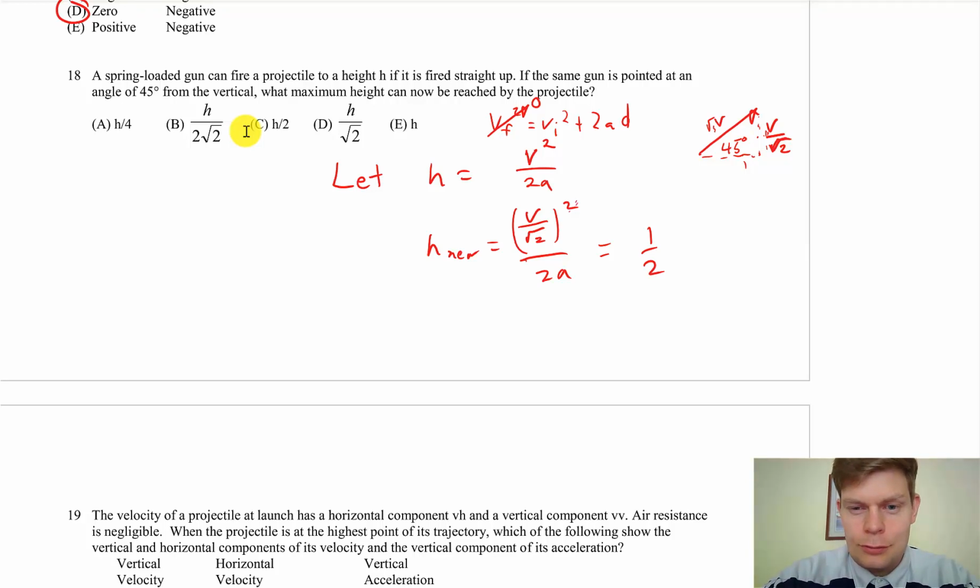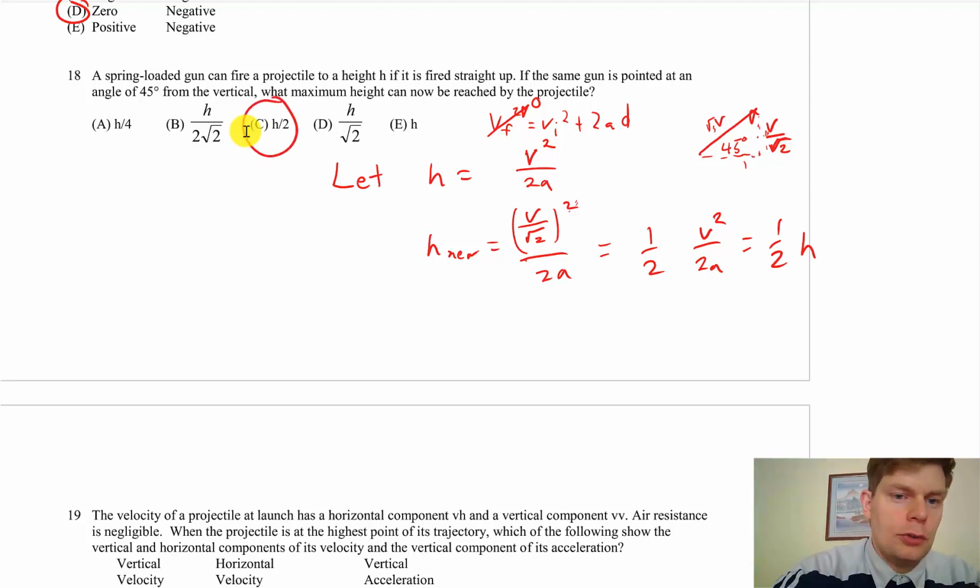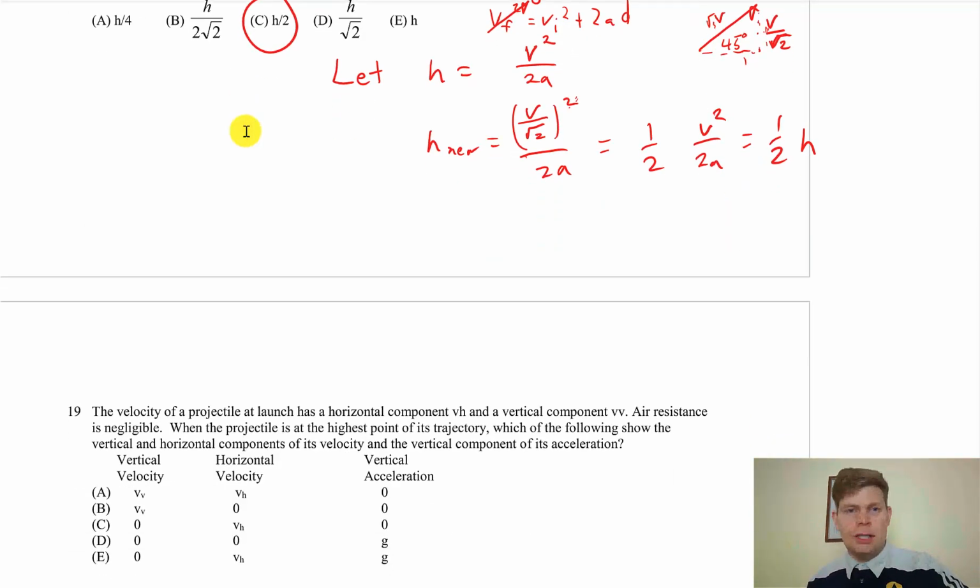If you square 1 over root 2, you get 1/2. And then aside from that, it's the same as it was before. So it'll be 1/2 the original height. So your new height, now that it's at an angle, is 1/2 the original. So that sucker. And there we are.